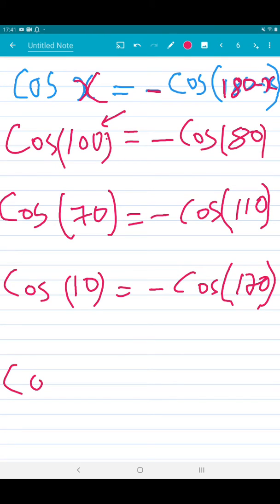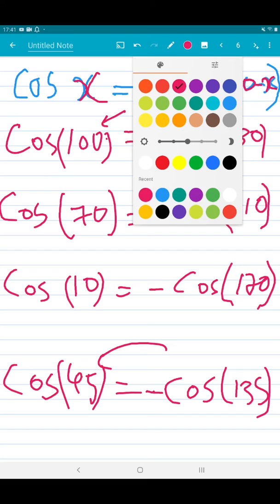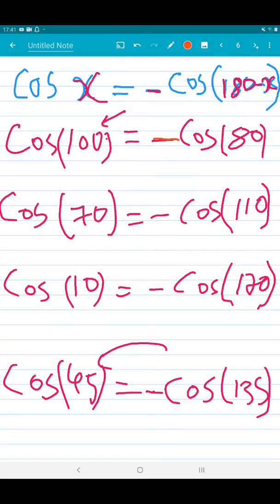Very good. Cosine 45 equals minus cosine 180 minus 45, which is 135. Be careful. Don't forget the minus, the negative sign, in all equations.